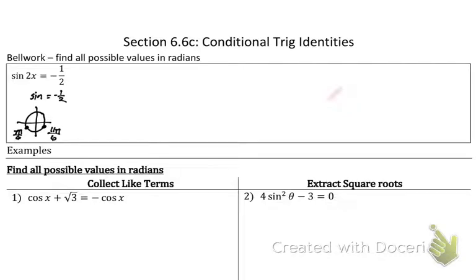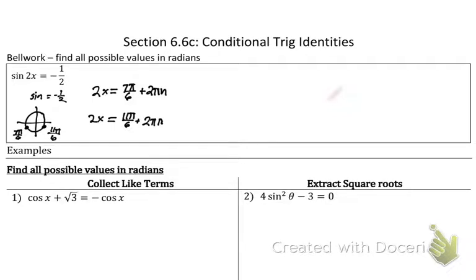If this was just a regular problem, we would have this equals 7 pi over 6 plus 2 pi n, and another answer is 11 pi over 6 plus 2 pi n. This would work if there was just an x here instead of 2x. But there's a 2x there. So I'm not asking what x equals, I'm asking what 2x equals right now. So we would put 2x in for these.